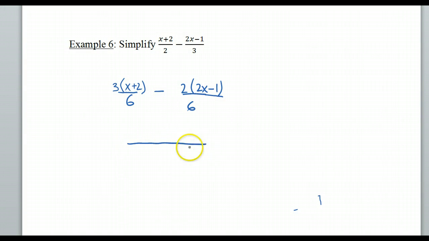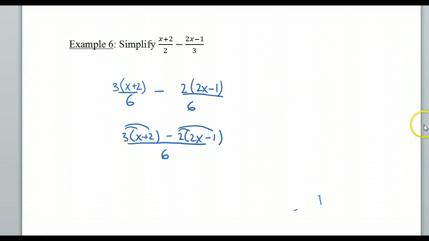Now I'm going to write everything over one denominator, like this, over 6, and it's going to be 3x plus 2 minus 2x minus 1 in the bracket. And now I'm going to distribute over here.